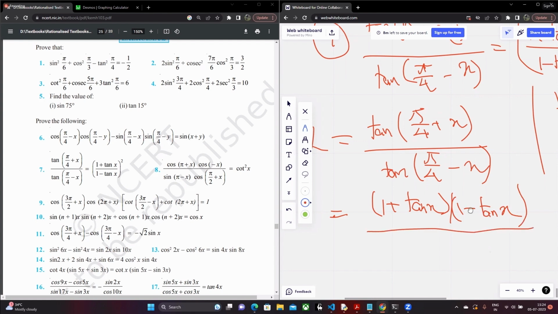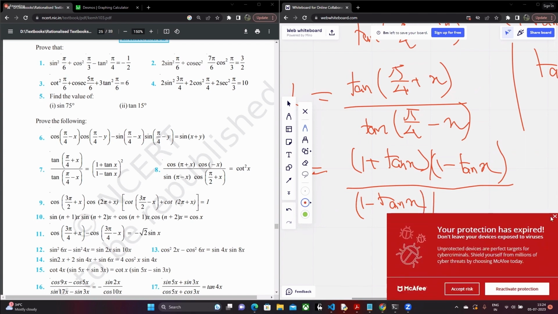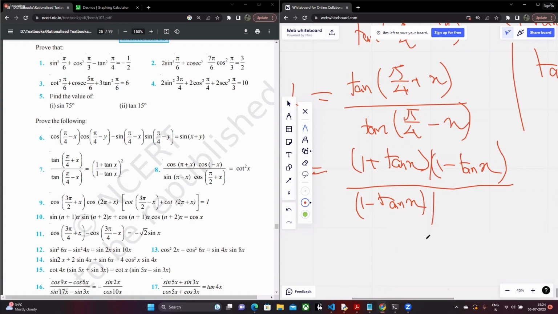right? All divided by, this is tan of pi by 4 minus x. As I stated earlier, this is basically an inverse of tan of pi by 4 minus x. This is going to be 1 minus tan x divided by 1 plus tan x, right? Yeah.